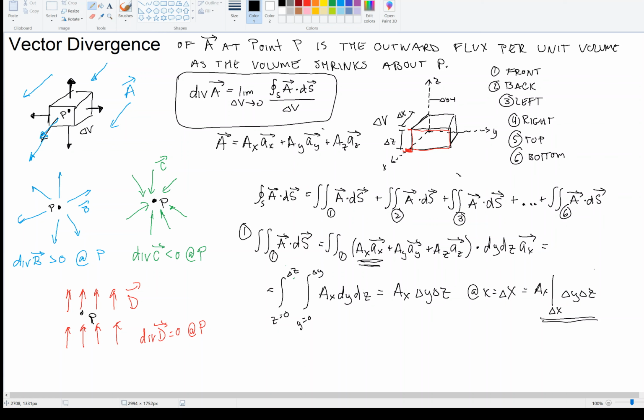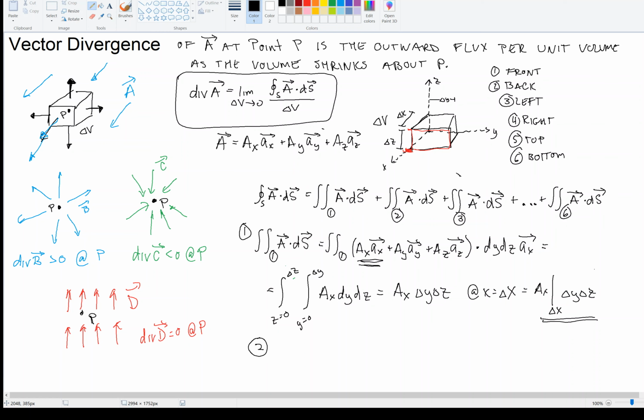But for brevity, for time purposes, I'm going to try to make the argument that surface two is similar. Surface two is the back. So let us think about how the back would change. Notice that it's parallel to the front surface that we just did.